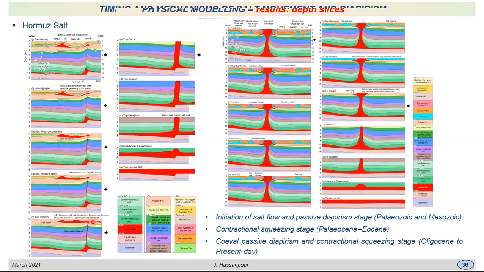And since Oligocene, we have passive diapirism and contractional squeezing due to the shortening of the diapirs in response to the orogenic belts to the north and east of the study area.